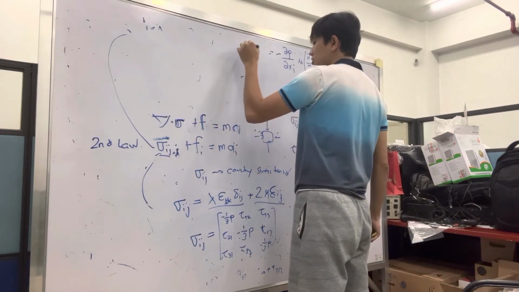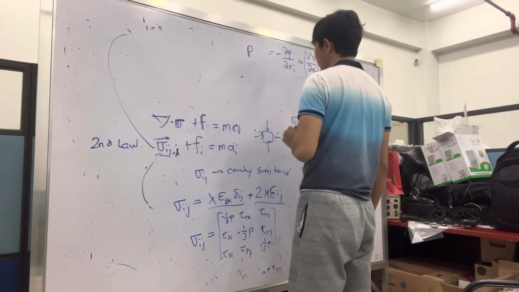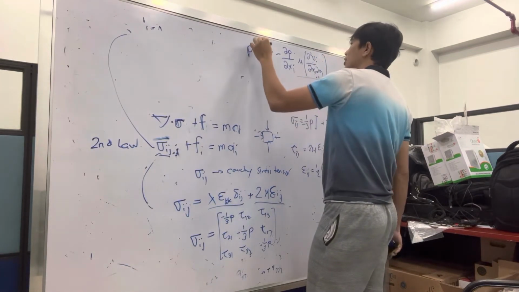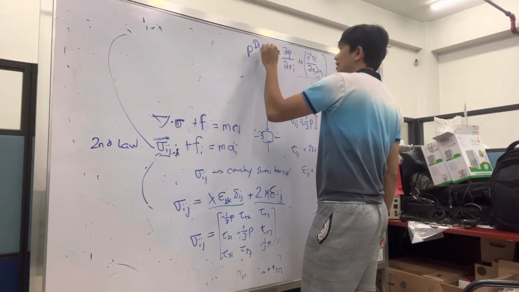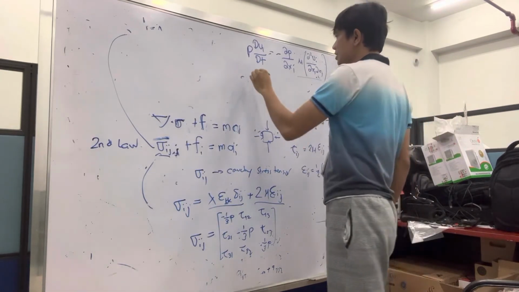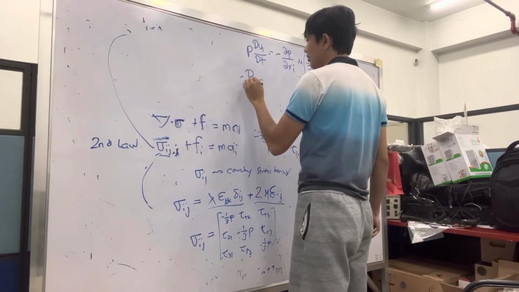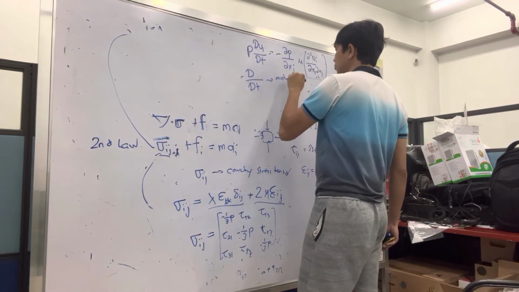Yung acceleration, pwede mong i-treat as rho ulit. Rho Du_i over Dt. So, bakit capital letter? Kasi yung capital letter na yan is what's called material time derivative.